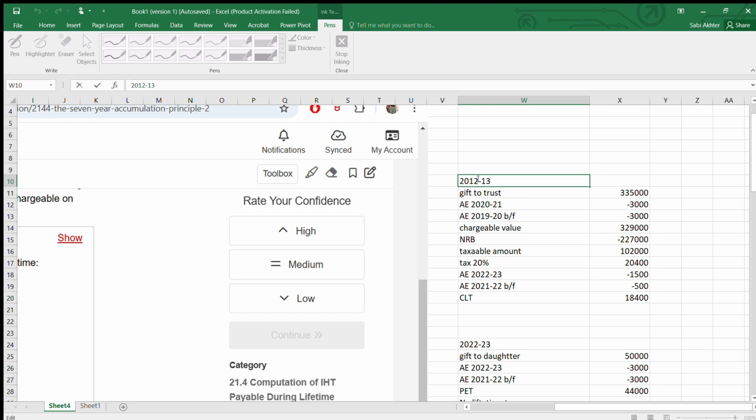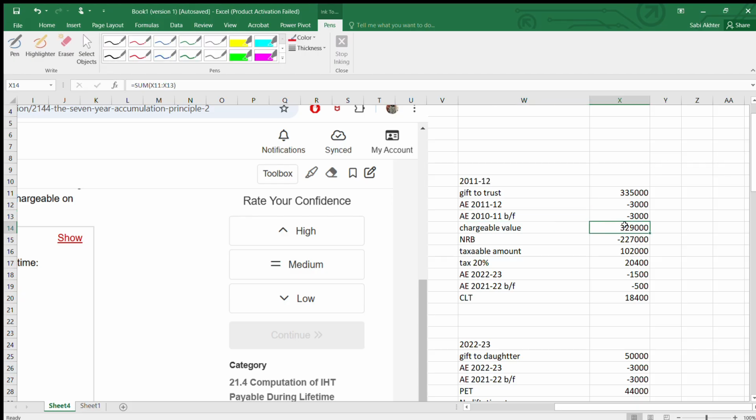Annual exempt amount 2011-12 first, because that is the current year annual exempt 3,000, and then brought forward 2010-11, 3,000.